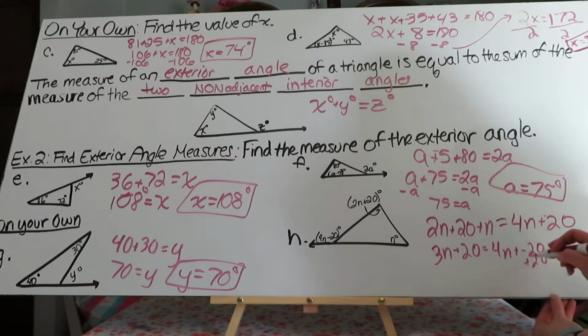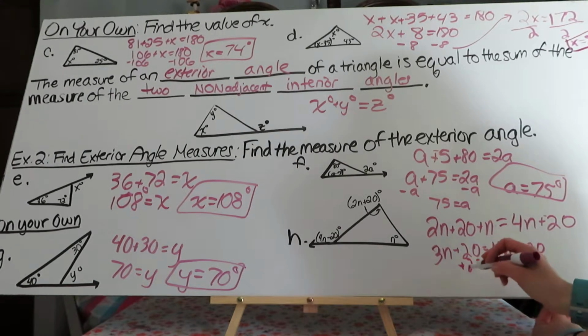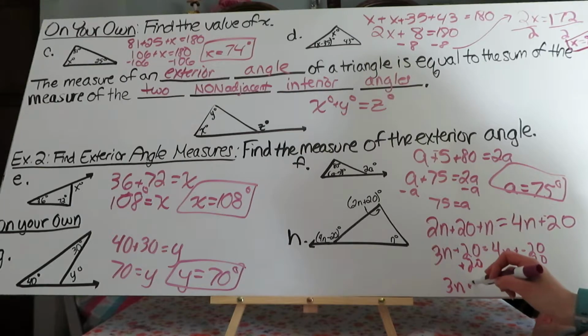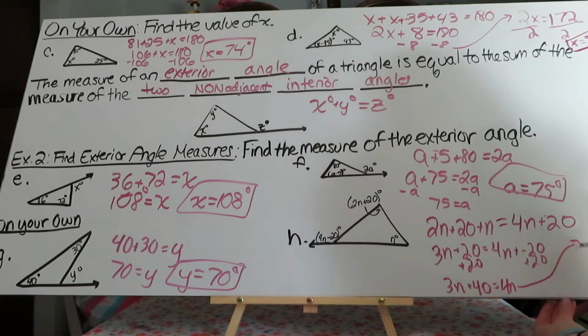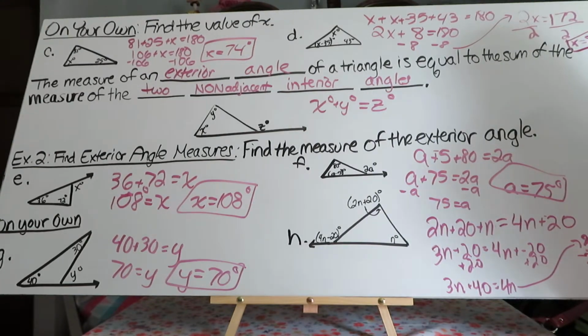I'm going to add 20 to both sides. 3n plus 40 equals 4n. I'm going to bring that work up here. I'm just rewriting it so that way it's easier to see and follow along. I'm going to subtract 3n from both sides. I get 40 equals n. So n is 40 degrees.